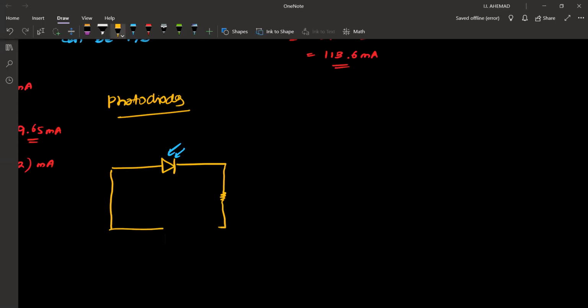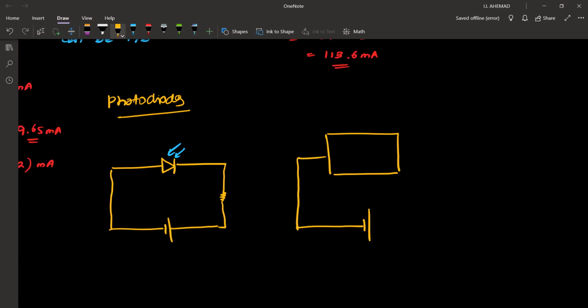And it is connected in reverse bias, not forward bias. So we connect a photodiode in reverse bias. Therefore, the depletion layer widens.